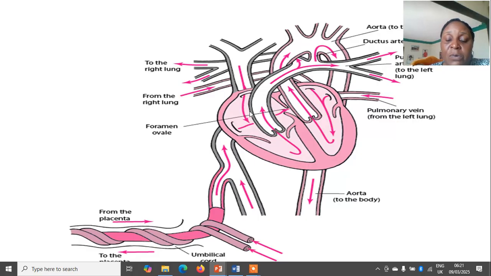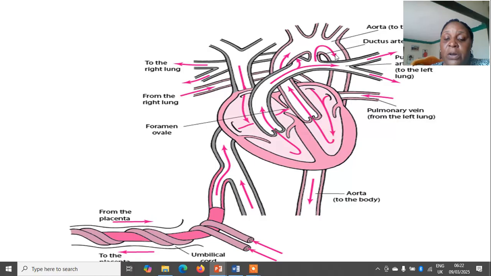And because there was reduced blood flow into the right atrium, the ductus arteriosus also collapsed. Because the main aim why it was open is to rejuvenate the blood in the aortic system.